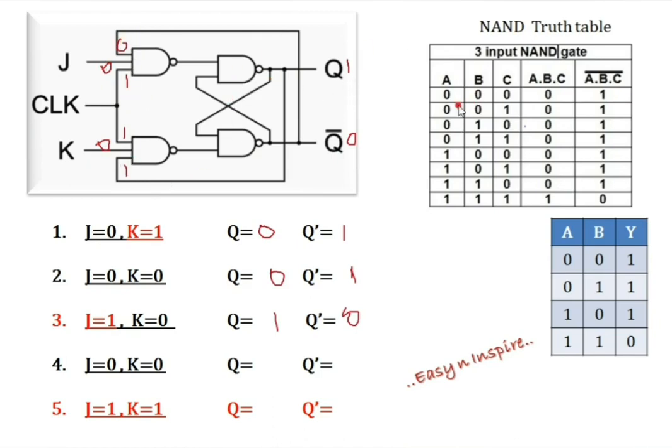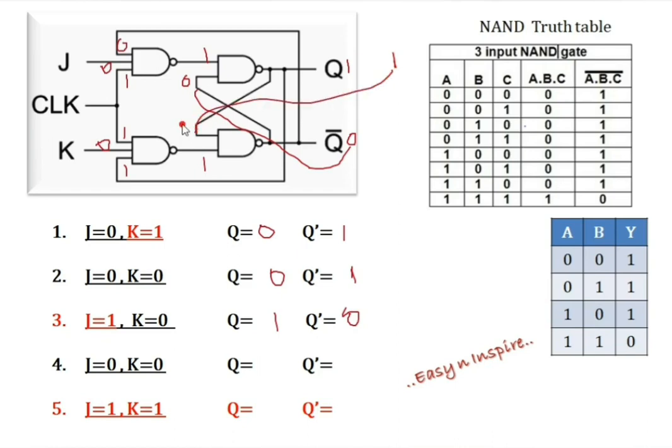0, 0, 1 results 1. 1, 0, 1 results 1. So again 1, 1. We don't know the second input. So where is the second input? Again consider 0 here. 1 and 0 results 1.